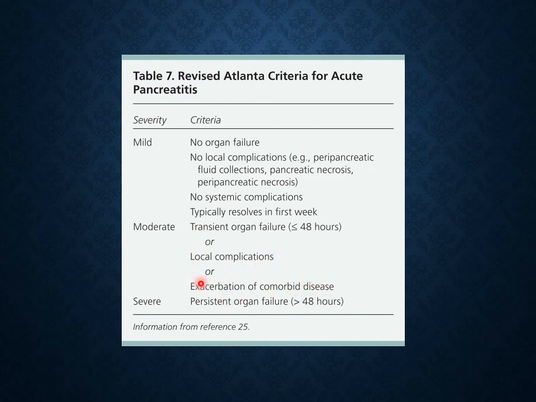Either one of these, and they go into moderate acute pancreatitis. And in severe pancreatitis, there's persistent organ failure, which lasts more than 48 hours or may even become permanent, known as very severe pancreatitis. So this classification is quite easy to understand.